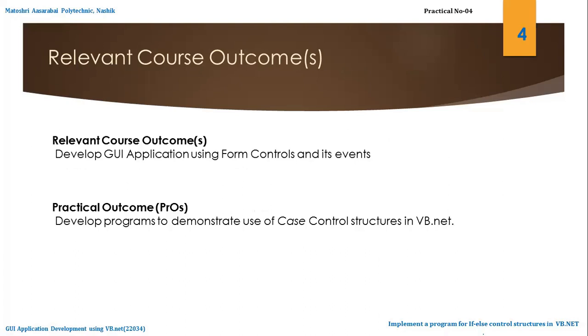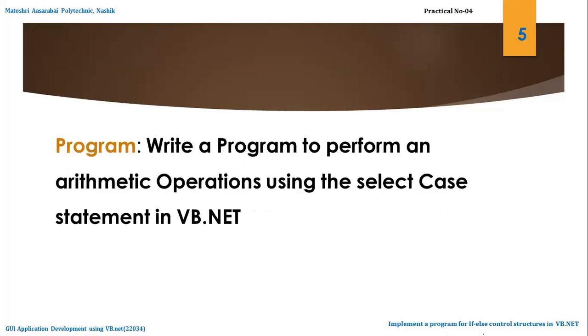The practical outcome is to develop a program to demonstrate the use of the case control structure in VB.NET. Now we will see a program to perform arithmetic operations using the select case statement in VB.NET practically.